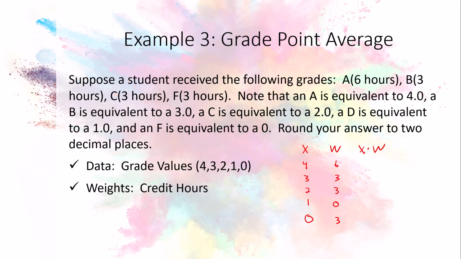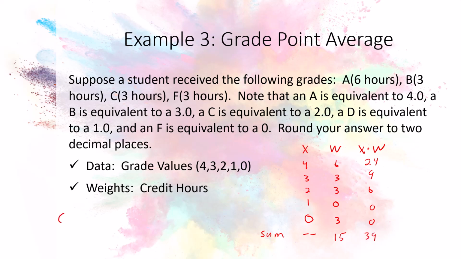So if we take the product here, we will have 24, 9, 6, 0, 0. And of course, you want to compute the sum. This one doesn't matter. This is going to sum to 15. And this is going to sum to 39.